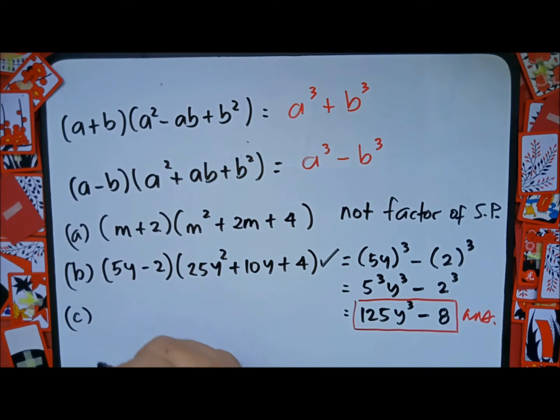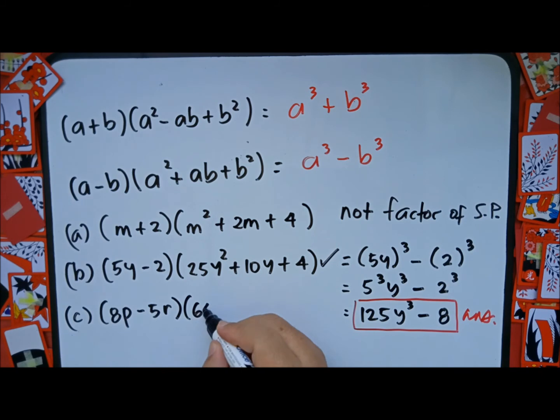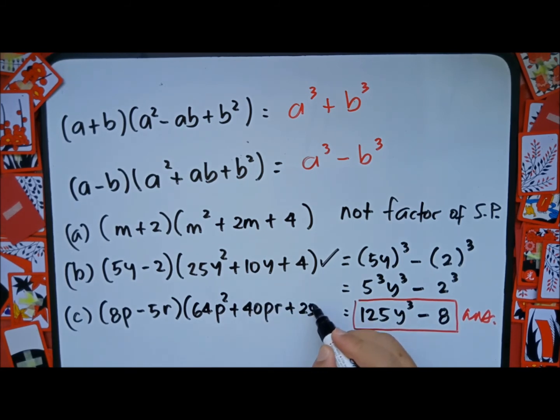Letter C. Let's take 8p minus 5r times 64p squared plus 40pr plus 25r squared.